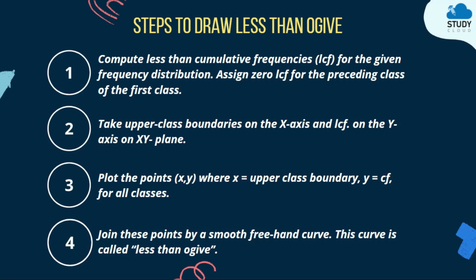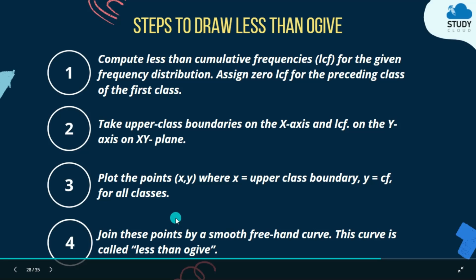Here we have to make two axes, x-axis and y-axis. X-axis will be horizontal and y-axis will be vertical. Then plot the points xy, where x is the upper class boundary and y is the CF for all classes.